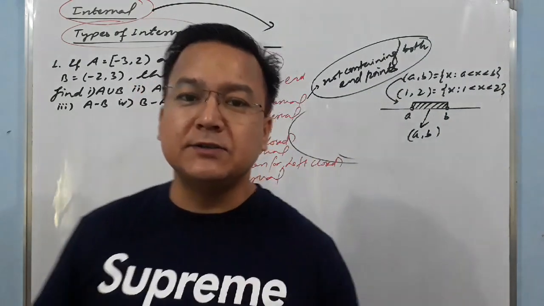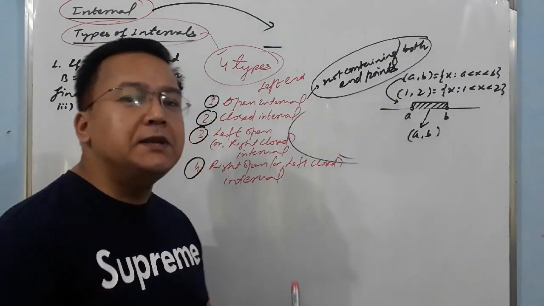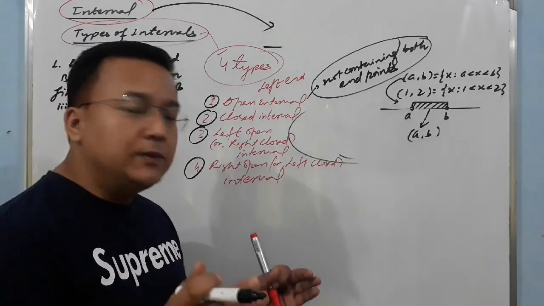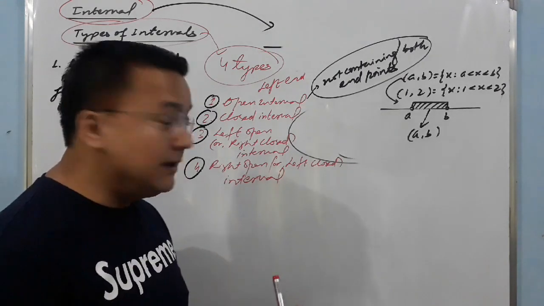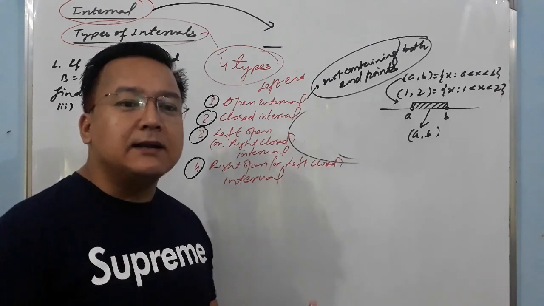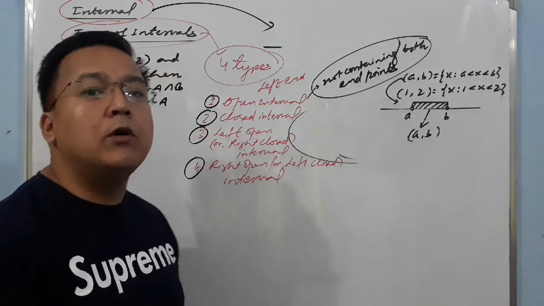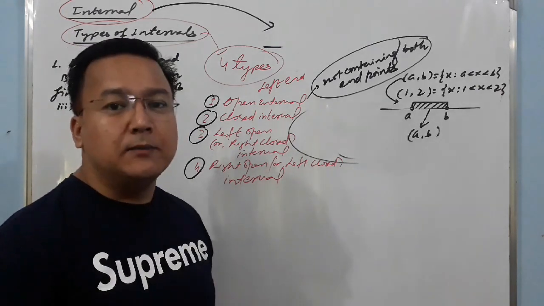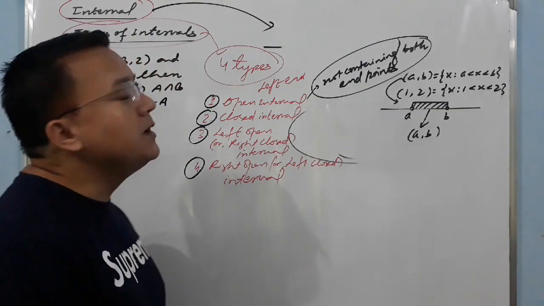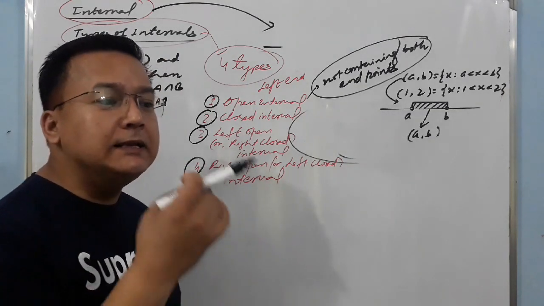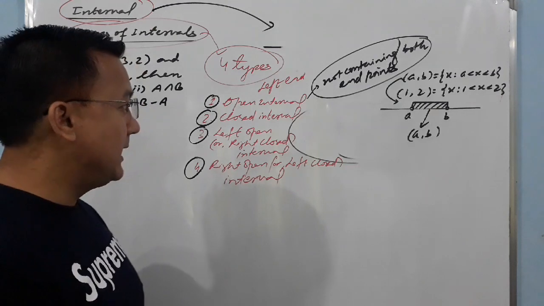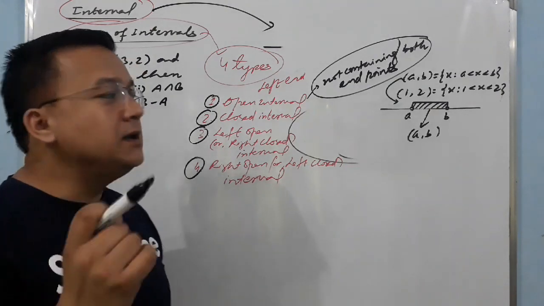Now I think you understood how to represent an open interval. We write down the left hand point and the right hand point inside a small bracket separated by a comma. This is called your open interval.